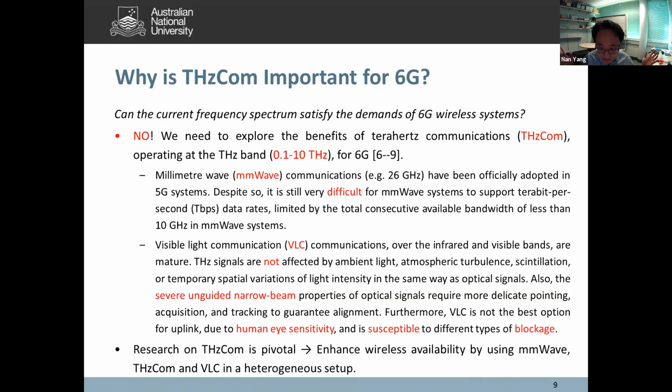It's not something like that. We want to enhance wireless availability by using sub-6 gigahertz, millimeter wave, terahertz, and visible light in a heterogeneous setup, just like what we are doing now by jointly using millimeter wave and sub-6 gigahertz. That's why Terahertz Com is important. It has benefits compared to millimeter wave and visible light communications.